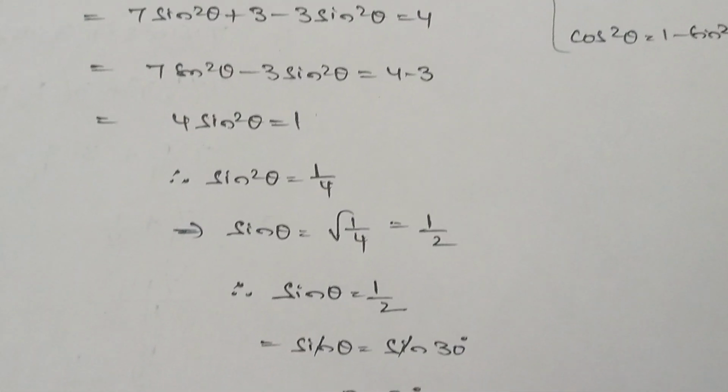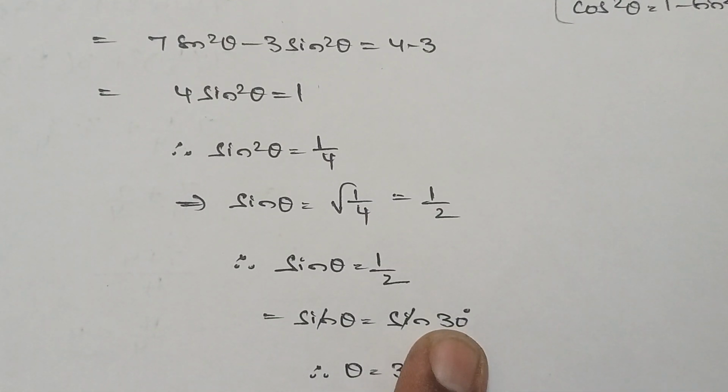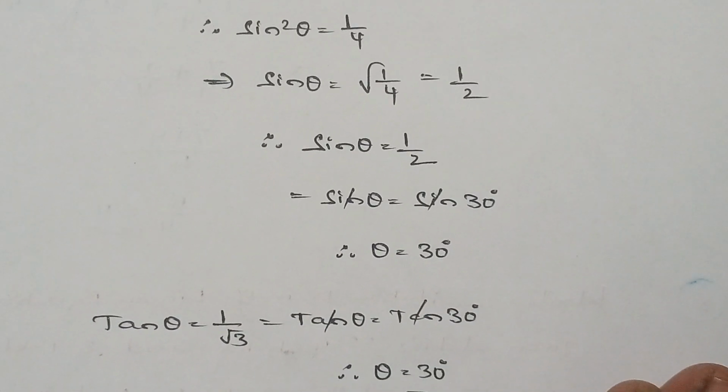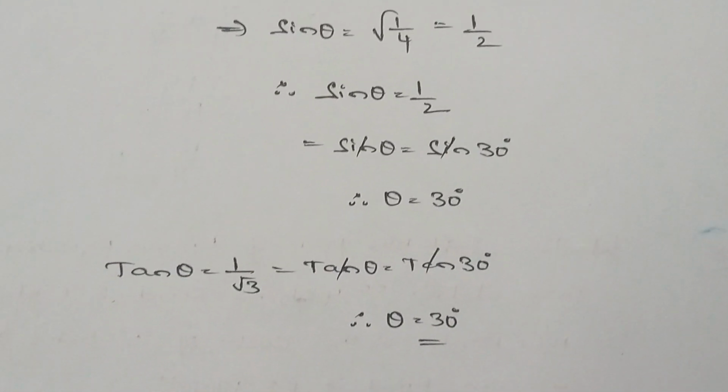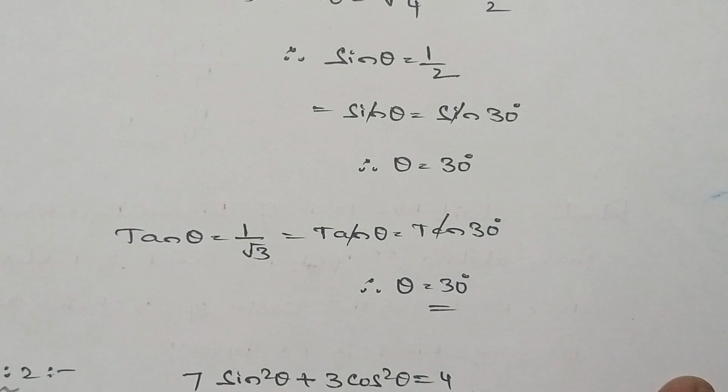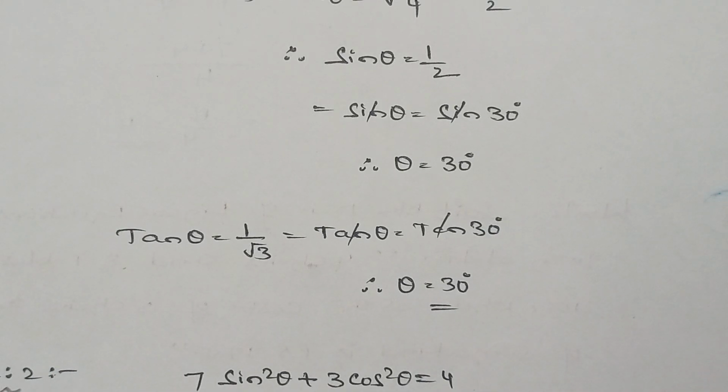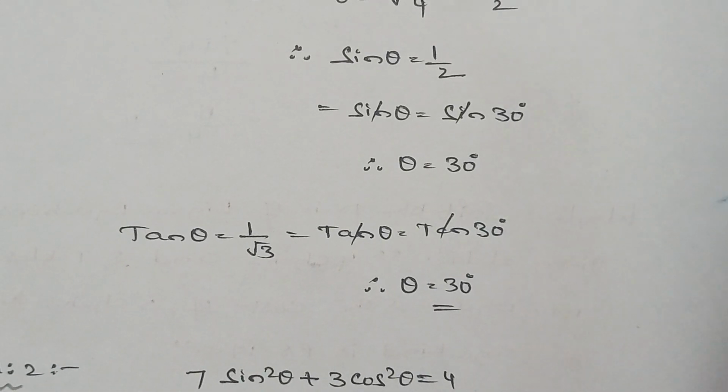Therefore, theta equals 30 degrees. Now what do we need to show here? We need to show that tan theta equal to 1 by root 3. When theta is 30 degrees, tan theta becomes 1 by root 3. Therefore, this holds good, and LHS equals RHS.